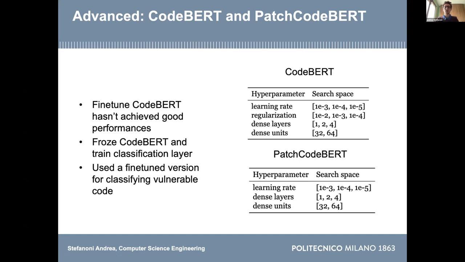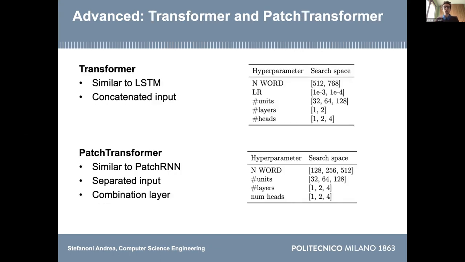So we froze all the layers of the weights, and we trained only the classification layer. We did this with the same structure of the first LSTM, with the input concatenated and with the input separated and the combination layer.